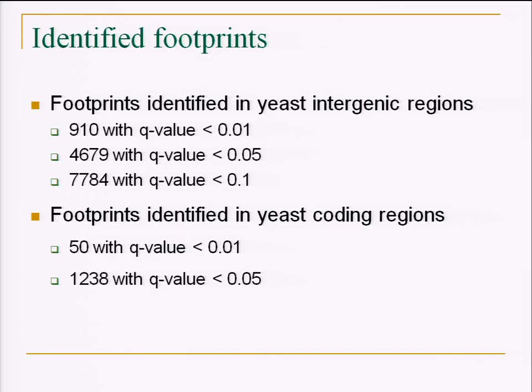In the promoter region, at a stringent Q value cutoff of 0.01 we identify 100 footprints, and with a looser cutoff we identify 600 footprints. Similarly, in the coding region, at the cutoff of 0.01 we identify only 50 footprints. With the looser cutoff we identify 1,200 footprints.